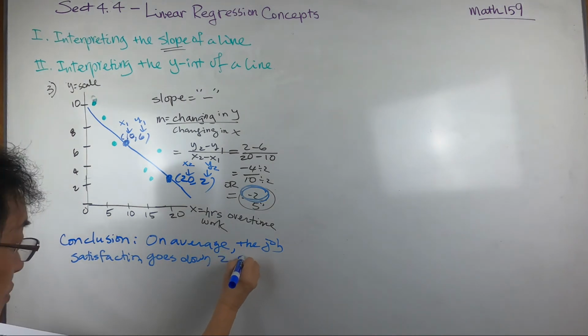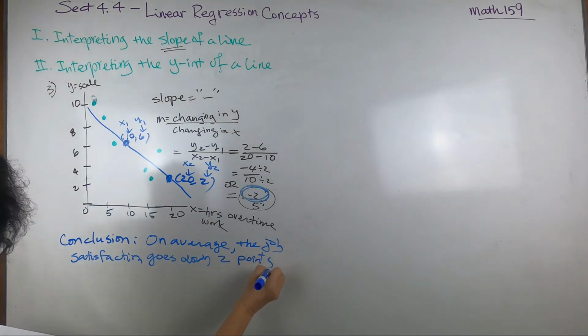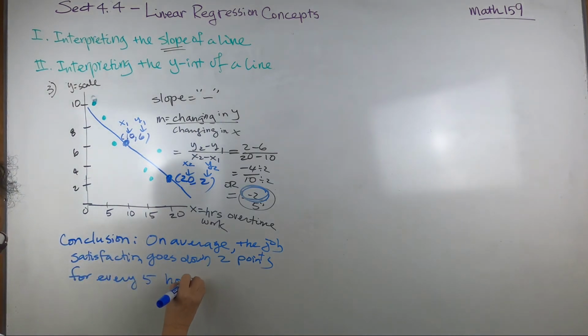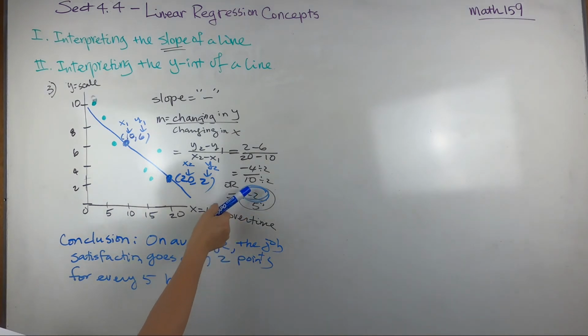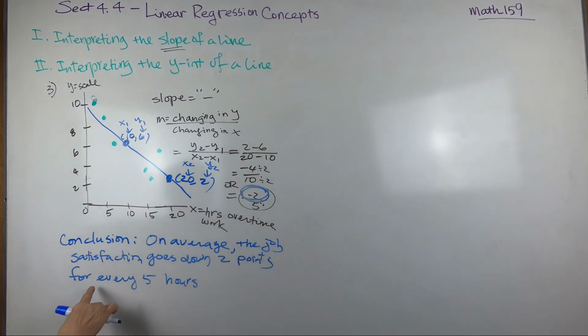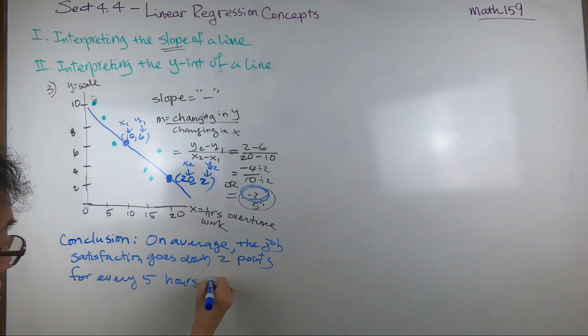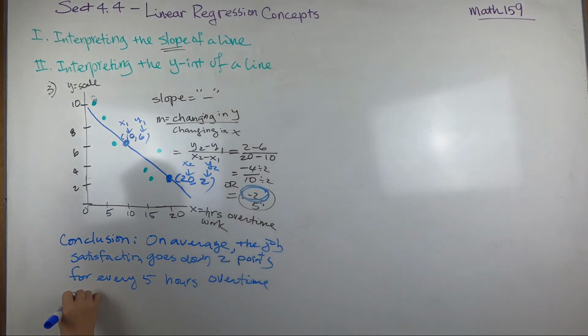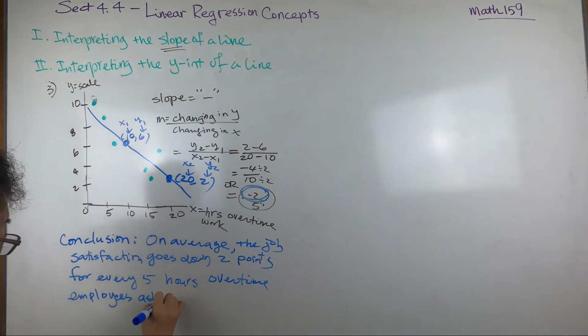Goes down 2 points for what? Every 5 hours, per 5, right? Drop the y per hours overtime worked. So for every 5 hours overtime an employee worked, asked to do.